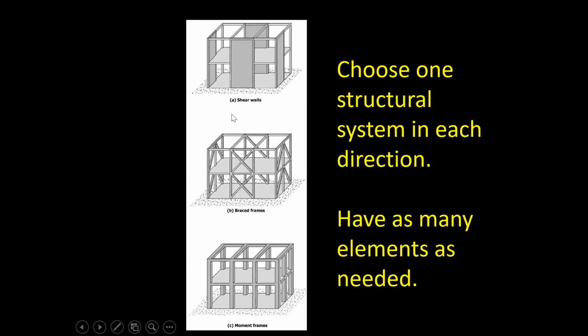So you could have moment frames in both directions. Or you could have a moment frame in one direction and a shear wall in the other, or shear walls in the other. And you can have as many shear walls or moment frames as you need according to your program and your design concept.